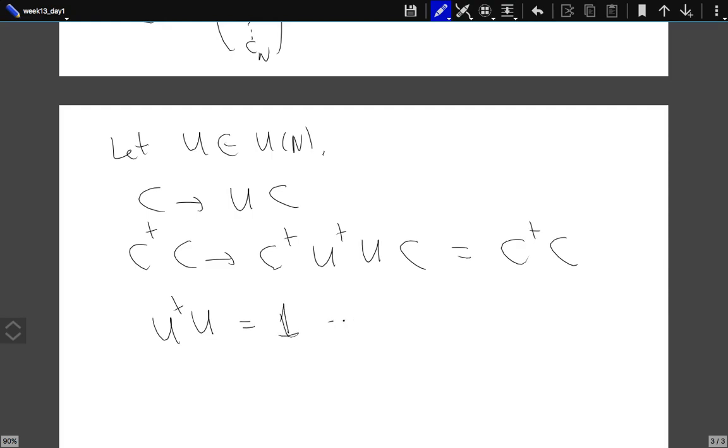And if you look at the determinant, this also tells me that the absolute value of the determinant of U should be 1, or the determinant of U should be just e to the power i alpha for some real number alpha.